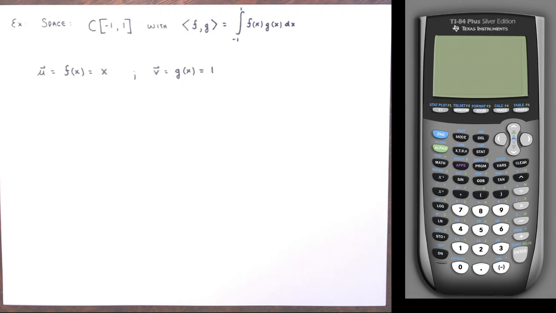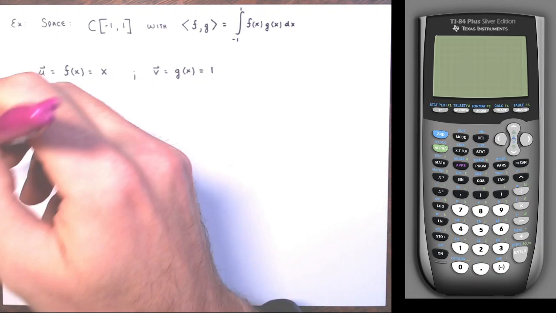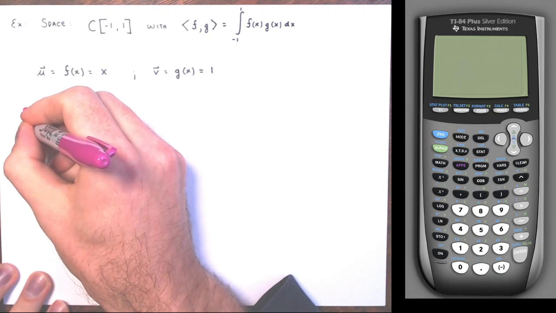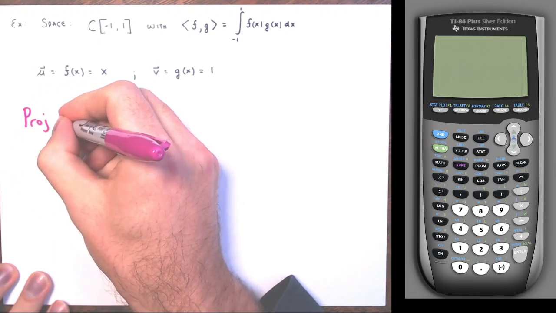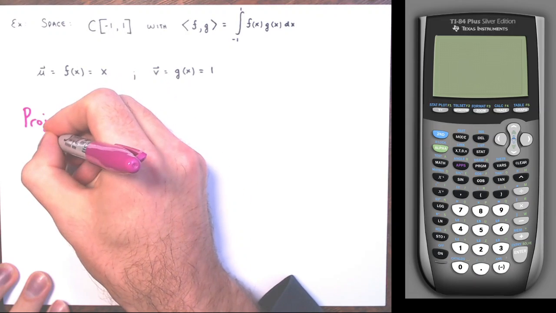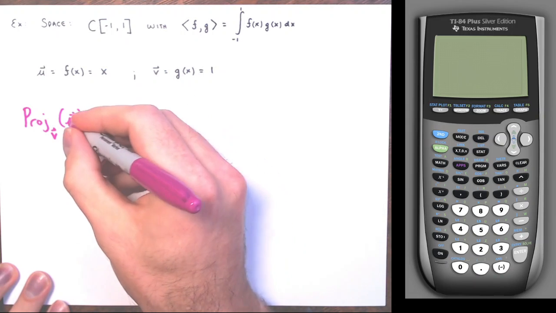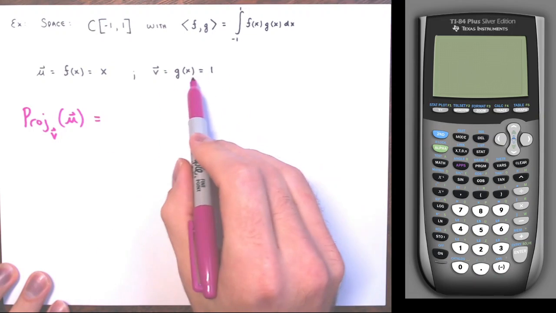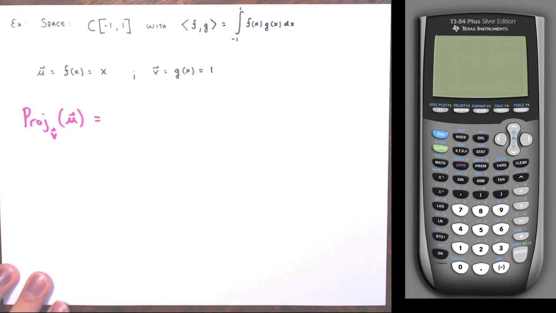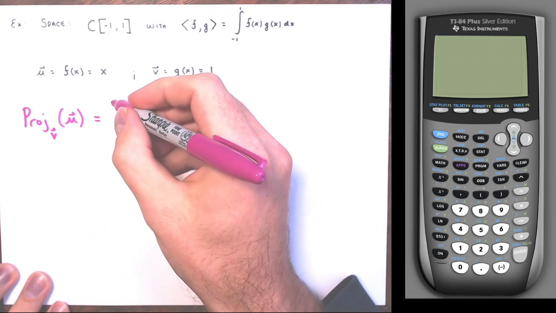Okay, same thing. What's the orthogonal projection of vector u onto vector v? And again, you can switch these, just make sure you switch the letters in the formula. If I'm projecting onto the function 1, then my projection should be a scalar multiple of v.